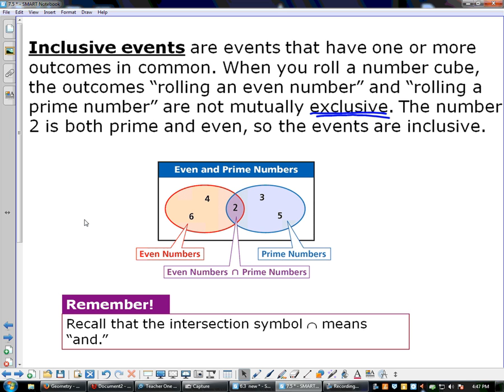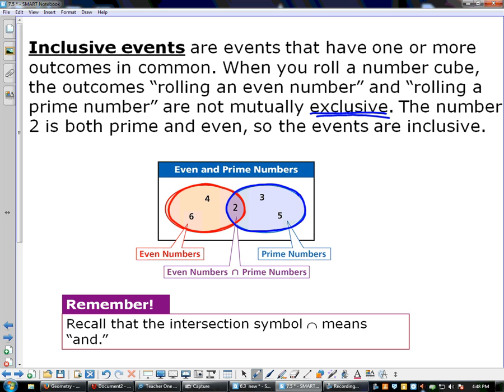We have a Venn diagram here, which is usually the best way to see what's happening. Here in red, rolling a die on my number cube, all of the even numbers I could get are 2, 4, and 6. In blue, the prime numbers I could get are 2, 3, and 5. Remember, 1 is not even, and 1 is also not prime, so we see it nowhere on our Venn diagram.